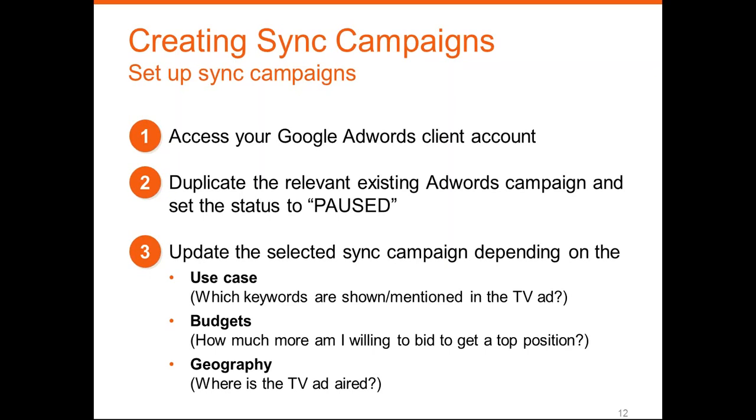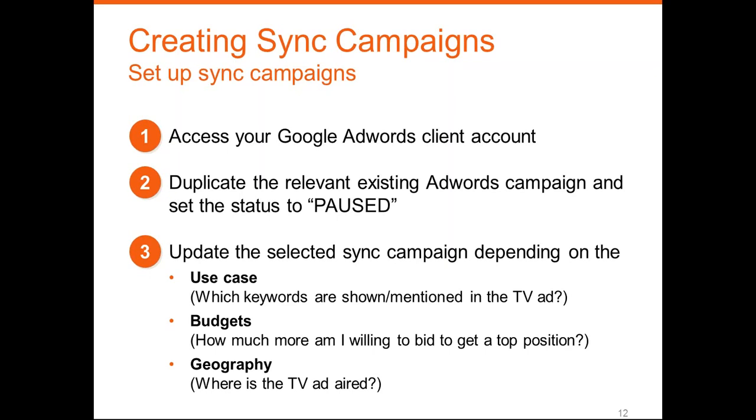For a normal campaign, that would rectify itself in 1 or 2 days, but for a sync campaign, it'll take significantly longer. In terms of budget, since you want to maintain a top position, you're going to be spending more to achieve that goal, so it can be very expensive if you start changing the ad text.